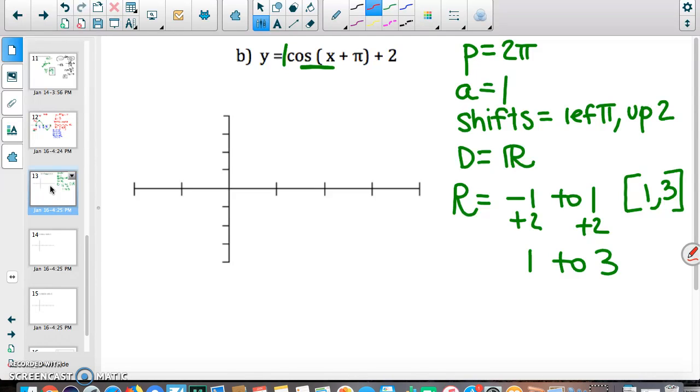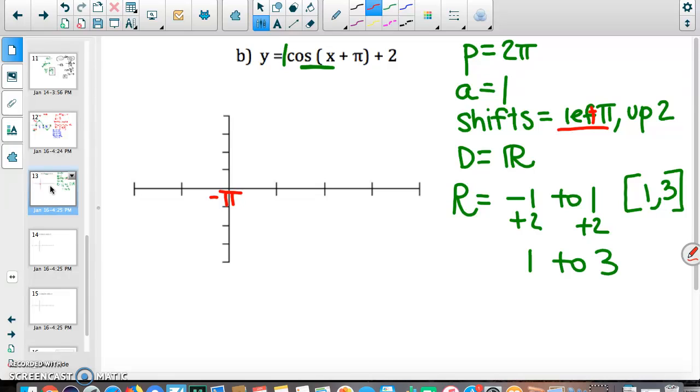So what I mean by that is I'm shifting to the left pi. So that means my start is at -pi. Now I'm reassigning my origin, my start point is -pi, but some people might put -pi over here, which is definitely still correct. Just depends on how you assign your axes. I'm going to choose to reassign my origin as -pi.